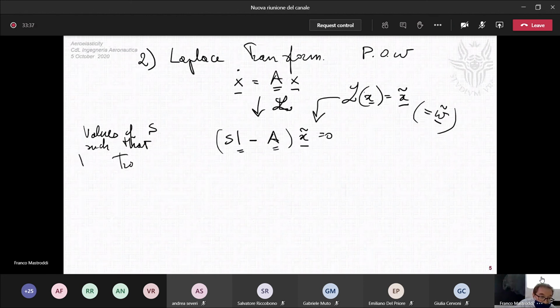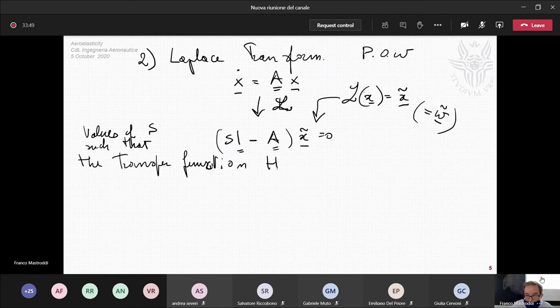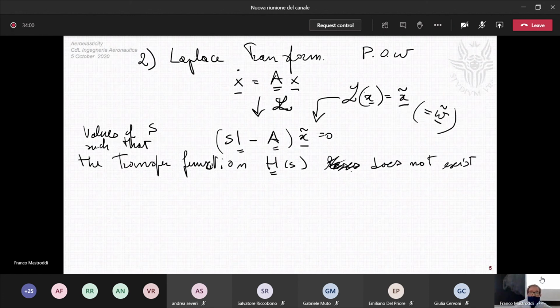the transfer function H(s) does not exist. In fact, what is the transfer function H? If you consider the input F, note that for considering a transfer function, you have to consider an input.